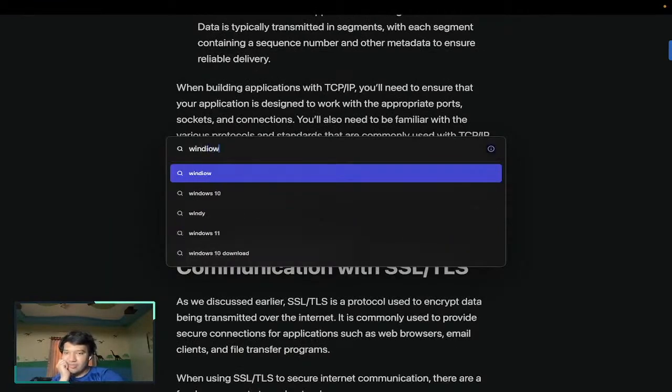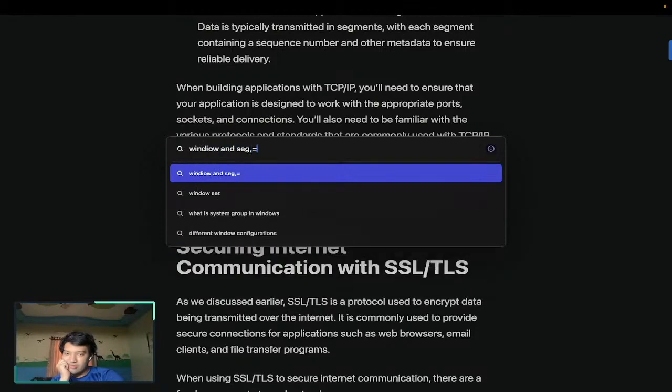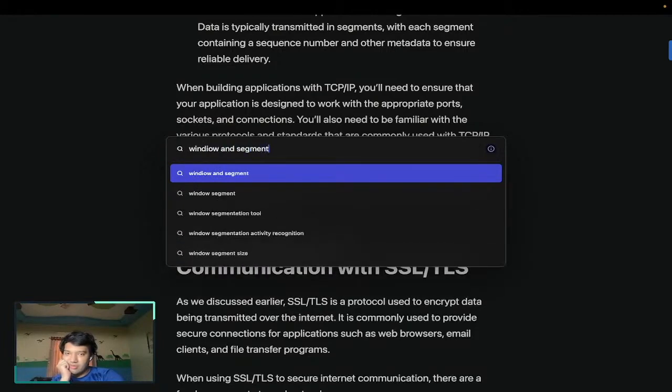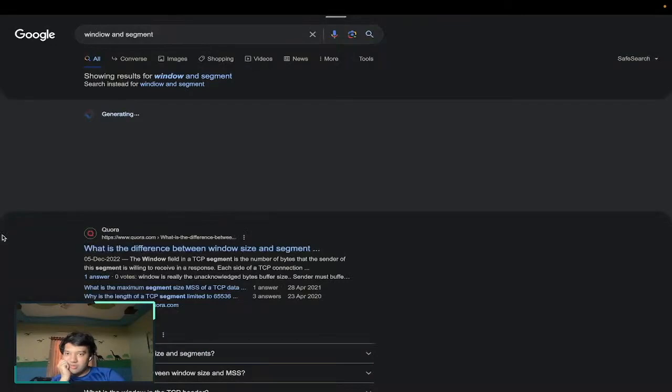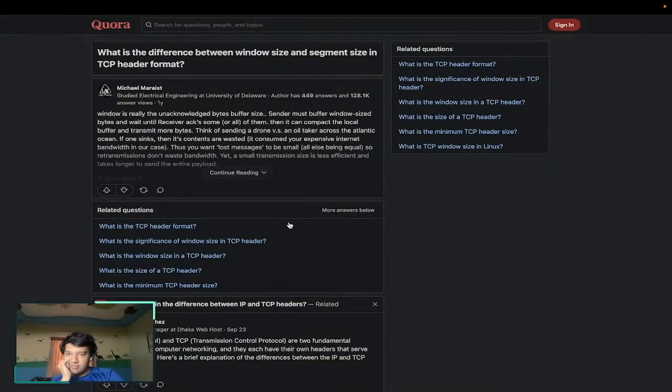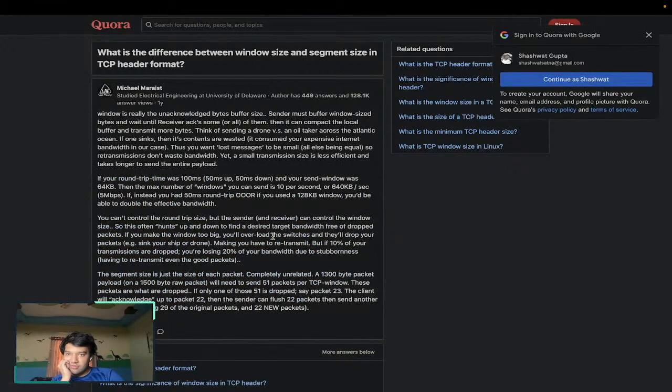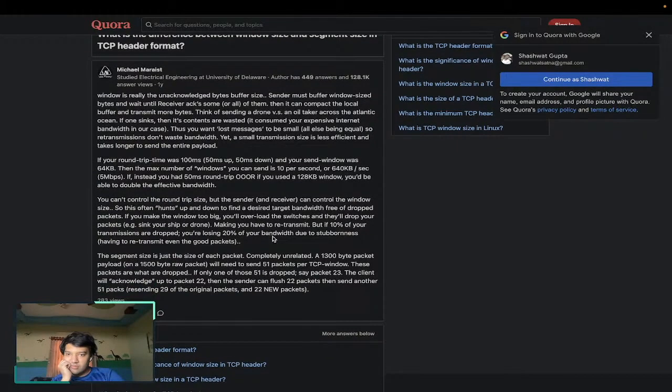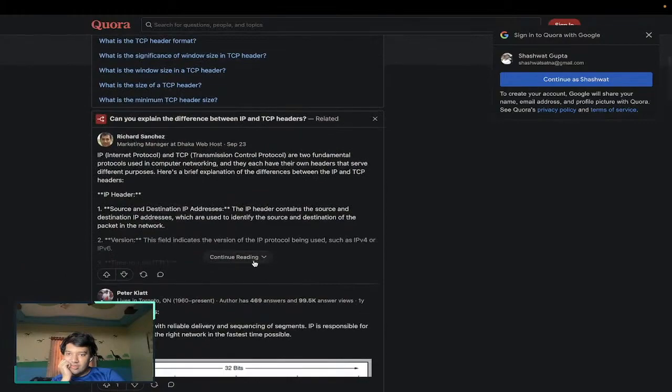Window. Segment size is size of each packet. Window, I don't know.